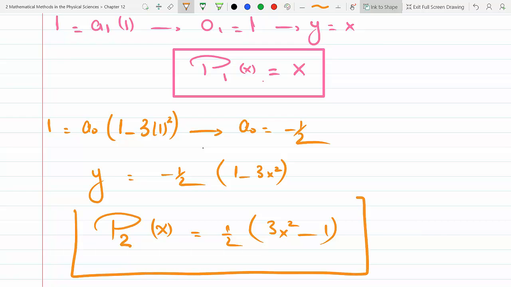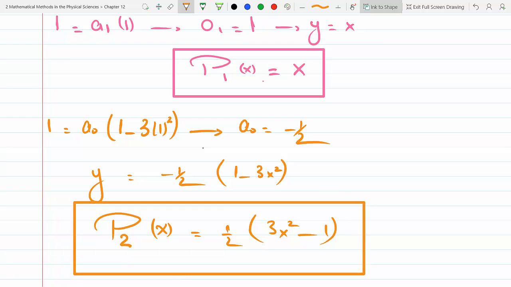So these polynomials I'm finding are called Legendre polynomials, and they are a result of the series solution of the differential equation we started with.